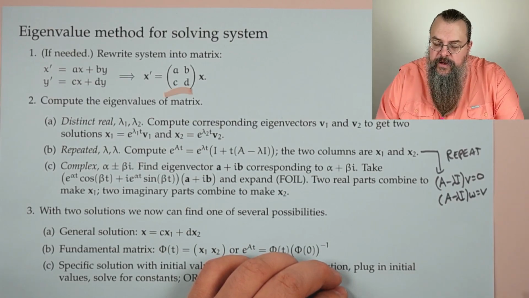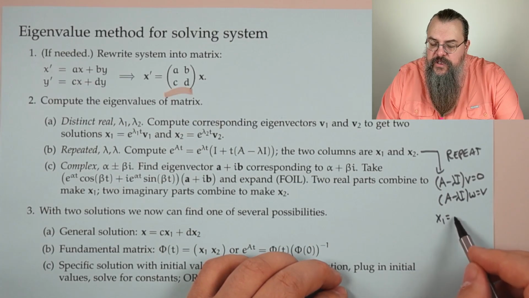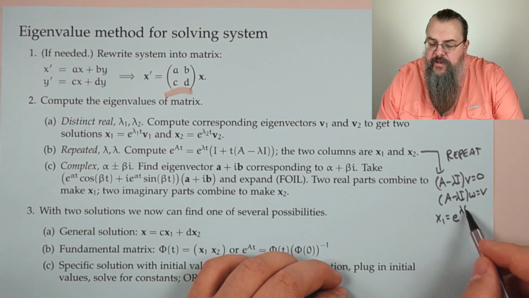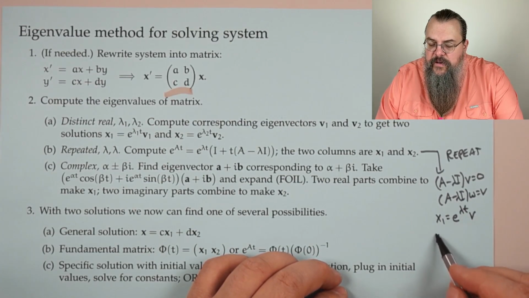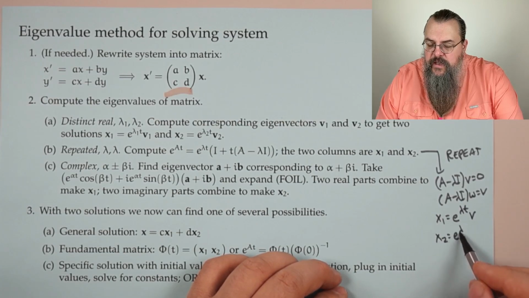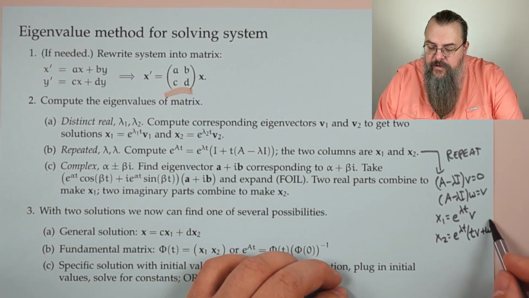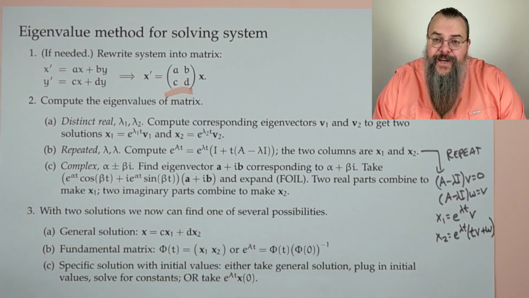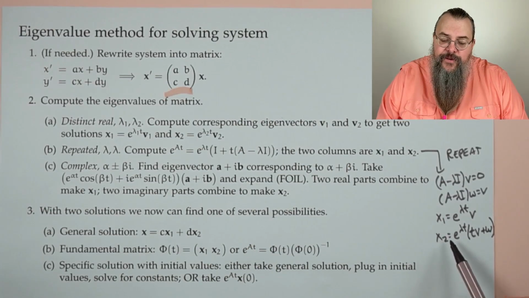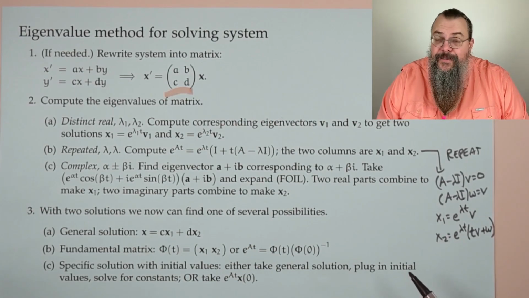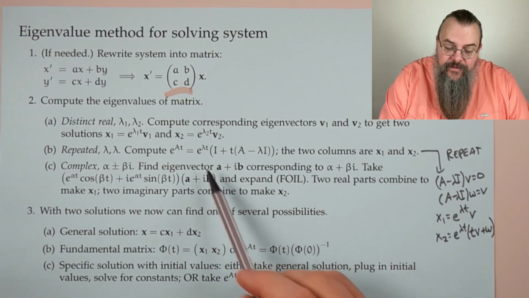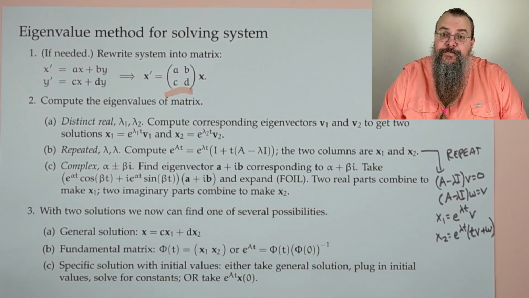And once you have found that, your first solution is e^(lambda t) v, and your second solution is e^(lambda t) bump up. Well, wait, that won't work. That's why we found the w, to say, aha, there's a small correction. And now you have your 2 solutions. But in practice, if we're timed, it's faster to compute e to the lambda t.